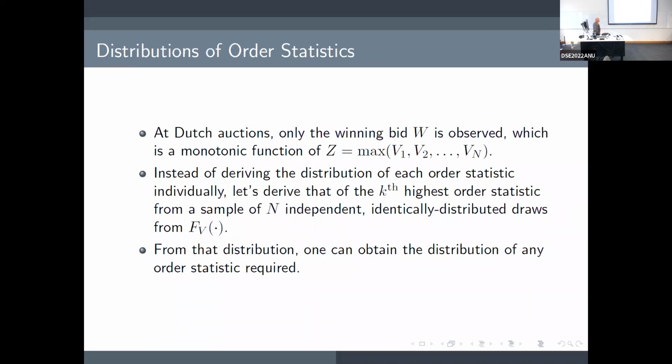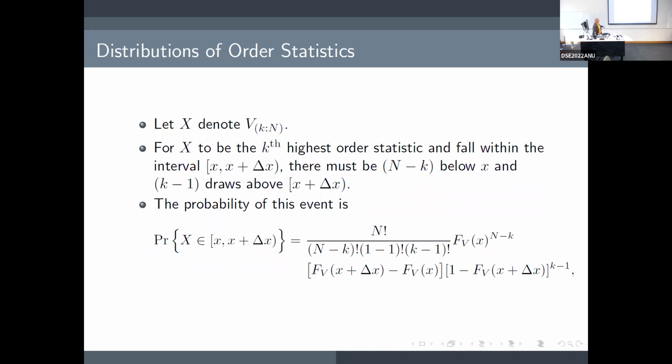We want to now look at the maximum of something. And why? Because the Dutch auction is going to be sigma of Z, the policy function evaluated at the maximum valuation. So how do you do that? Well, let's do it in general.